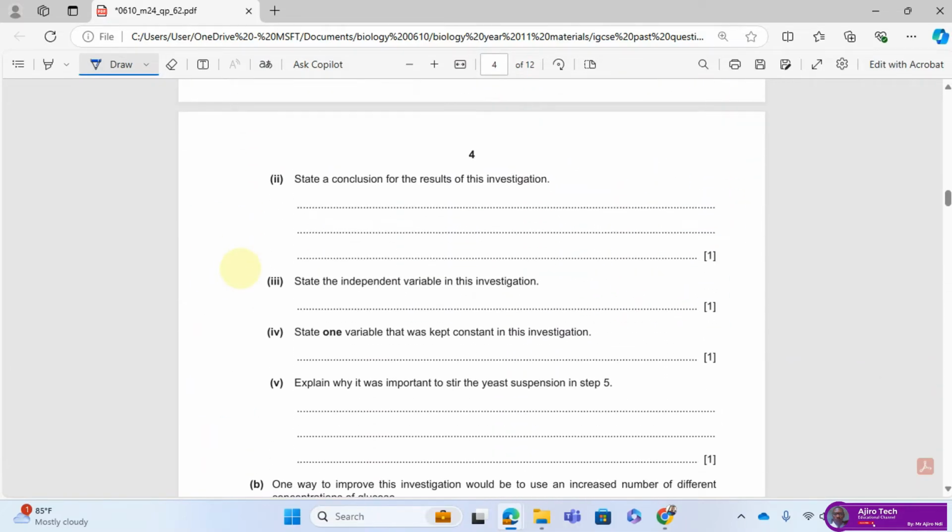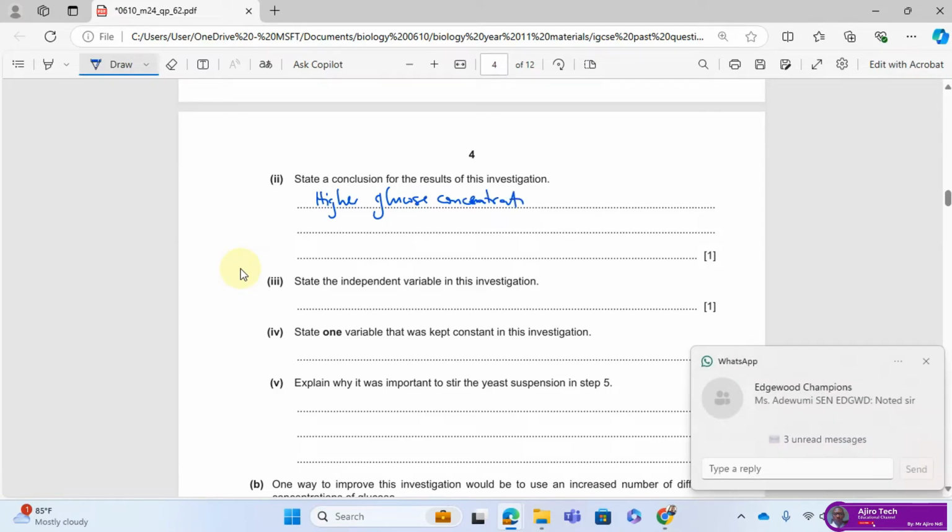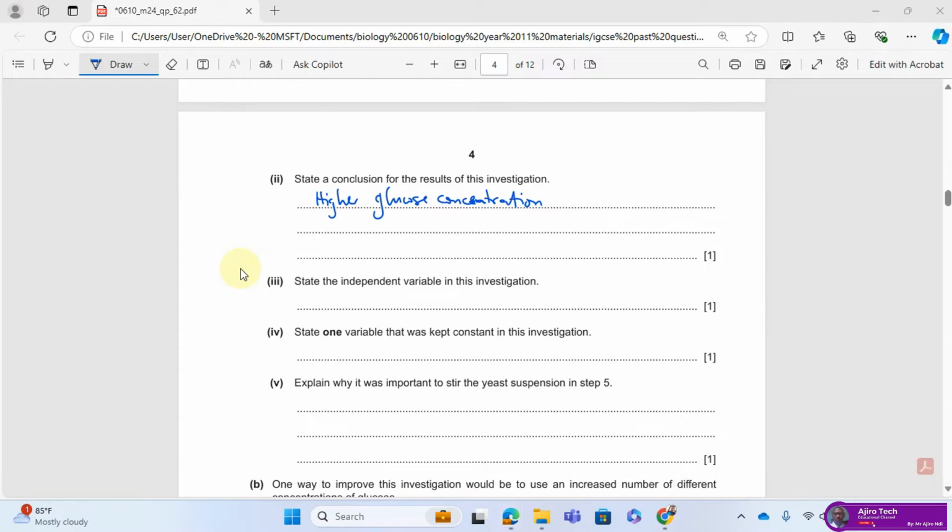So we come here and we say higher glucose concentration increases the rate of anaerobic respiration in the yeast.